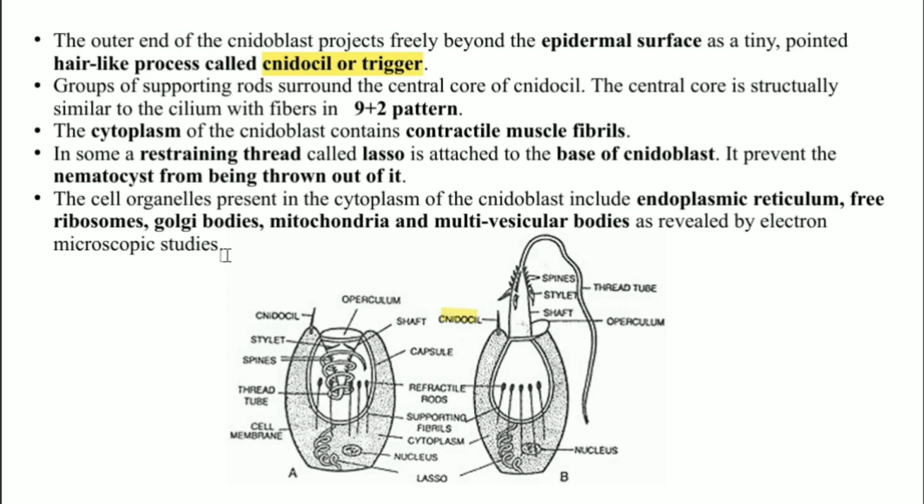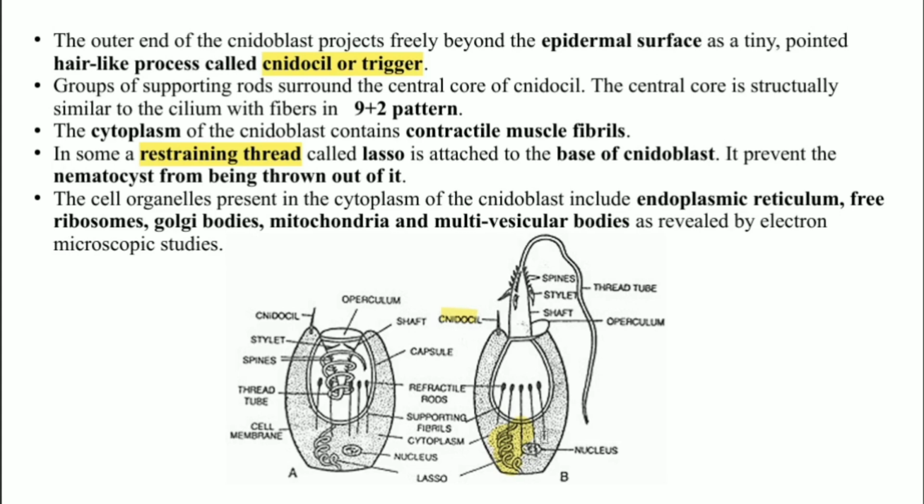And there is some restraining thread also called as lasso. So this is the restraining thread which is called as lasso. It is present at the base of the cnidoblast, and it protects the nematocyst from being thrown out of it.